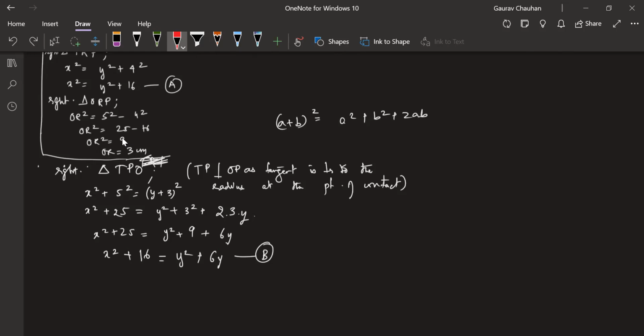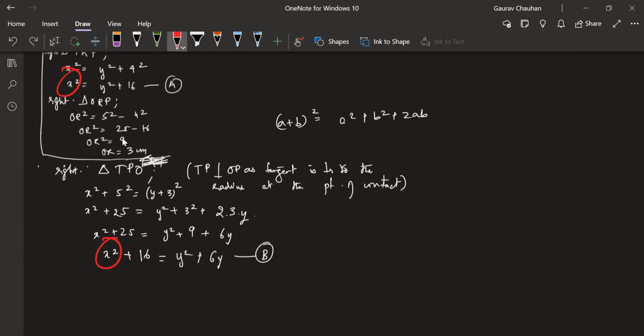If you pay careful attention, there's x square in each equation, and there's y square on the right side of each equation. If I just subtract these two equations, one from the other, I'm going to end up eliminating x square and x square, y square and y square.